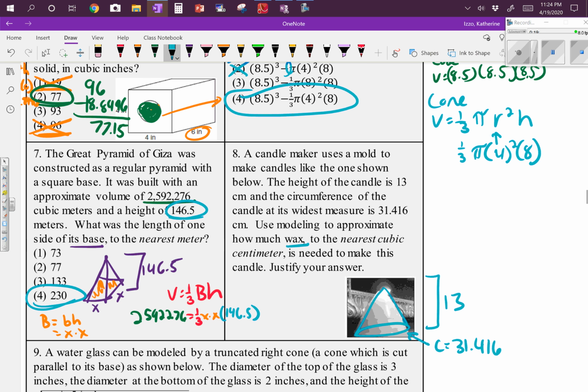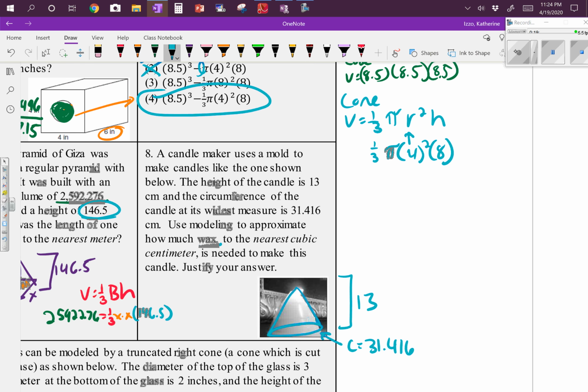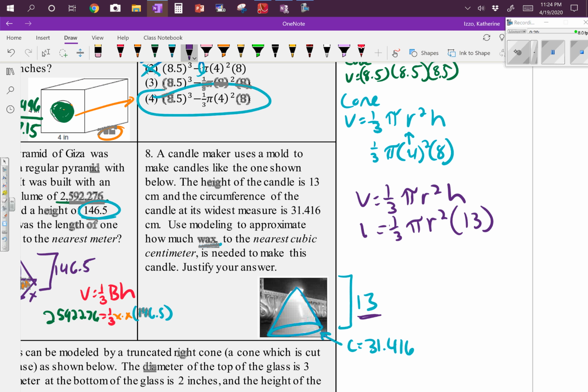Okay. So in order to find the volume, for a cone, volume equals 1/3 pi r squared h. Well, we've got h. H is 13. So we've got 13 times r squared times pi times 1/3 equals V. Okay. We have the circumference.